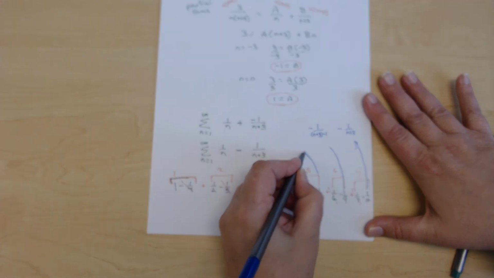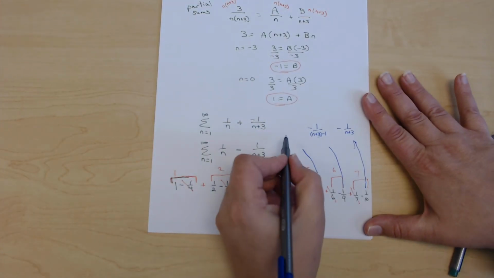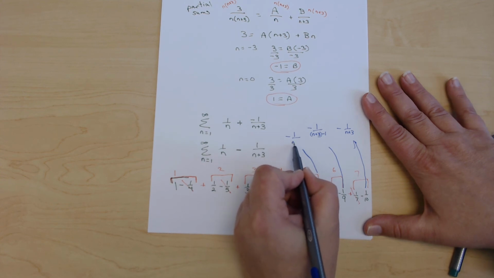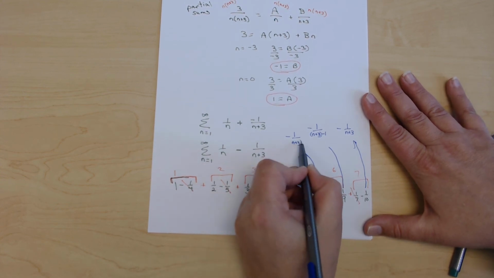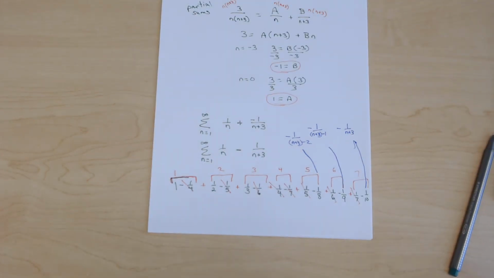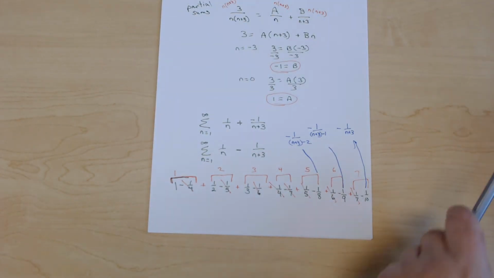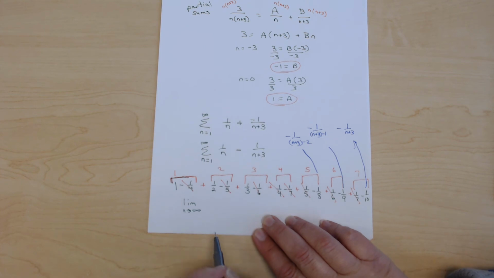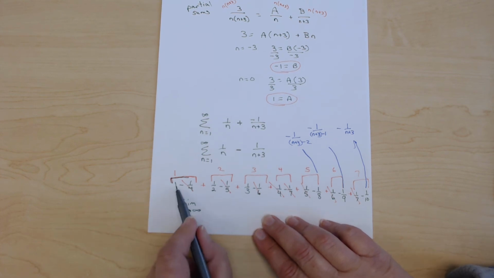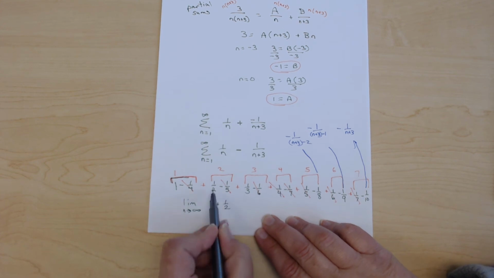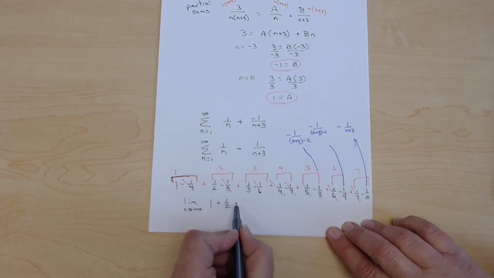And this guy is the second out of those two. So it would still be negative 1 over n plus 3, because it's coming from the last one, but then minus 2, because it's 2 in. Now we want to do the limit as n approaches infinity of 1, that's never going to cancel, 1/2, that's never going to cancel, and 1/3.